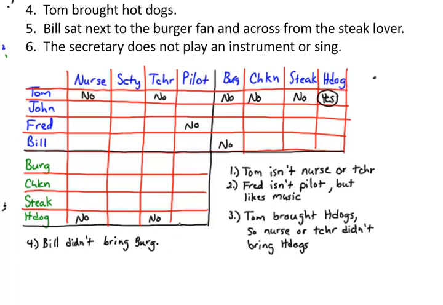And he didn't bring steak because he sat next to the steak lover. Okay, so Bill didn't bring steak either. Okay, we're going to put no, no, and no. Now if we look here, he didn't bring hot dogs either, so that must mean that he brought chicken. So Bill brought chicken. Okay.